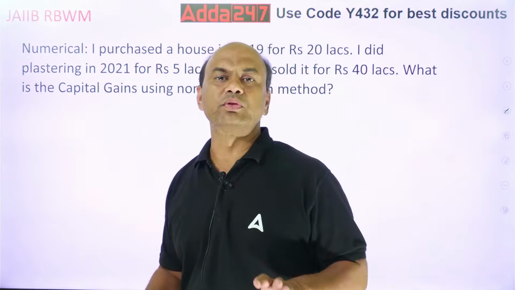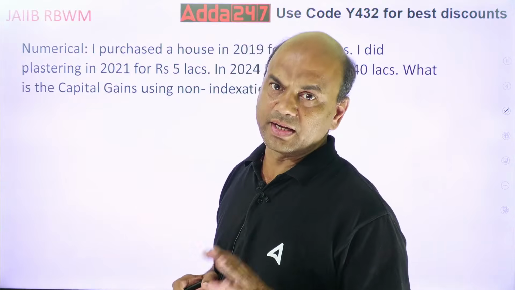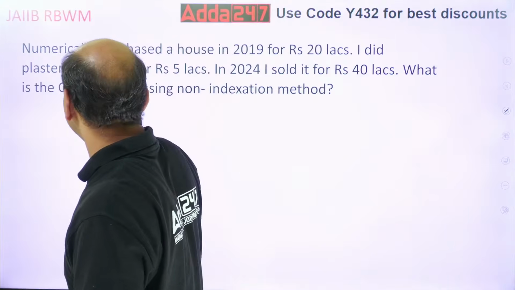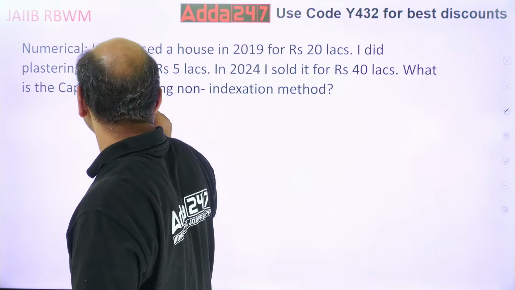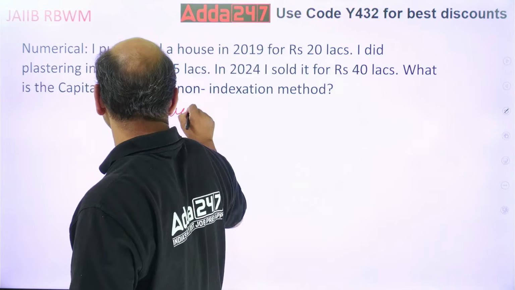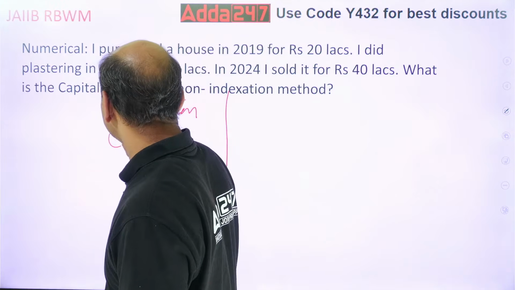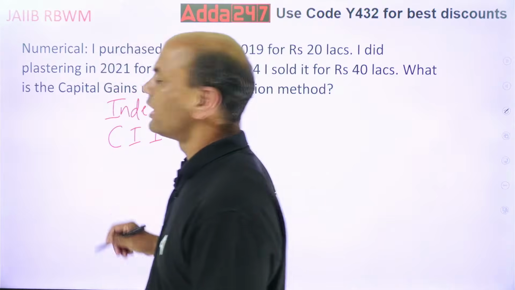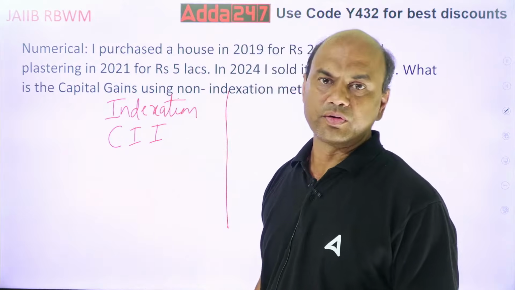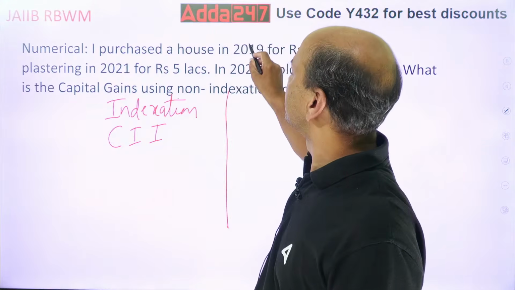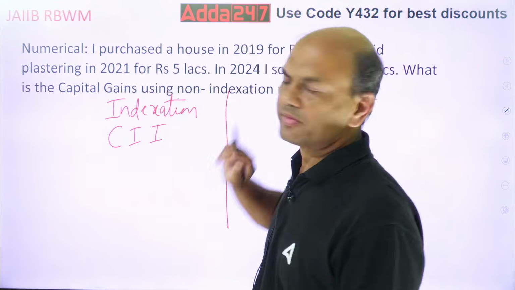See, yesterday I told you there are two types of methods, indexation and non-indexation. For indexation method, you require CII. This index is required for all the 3 years, 1, 2 and 3.